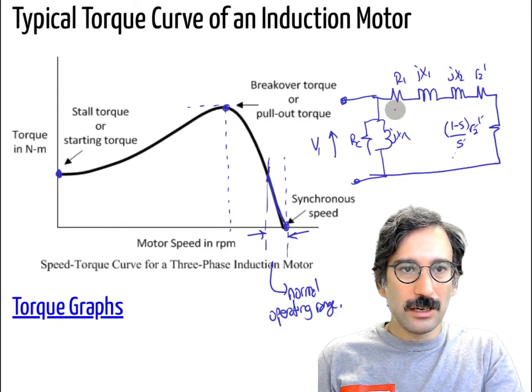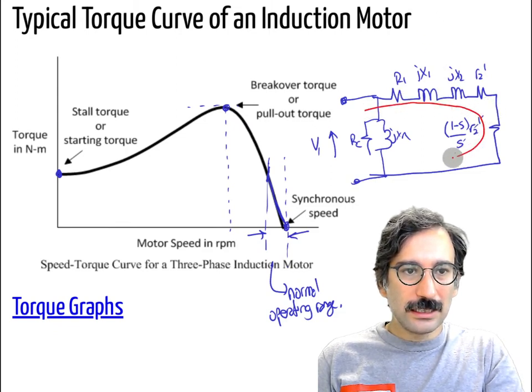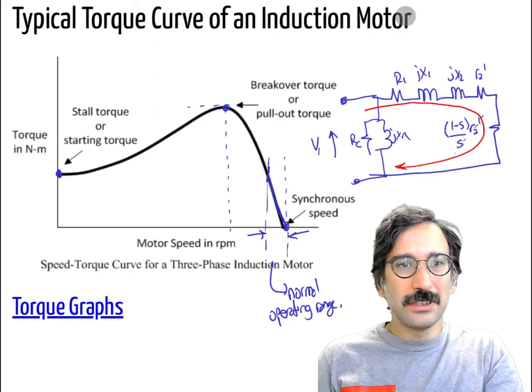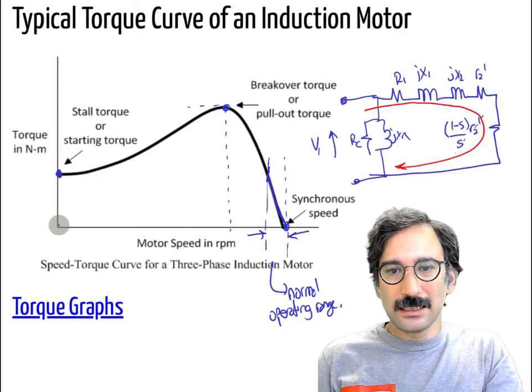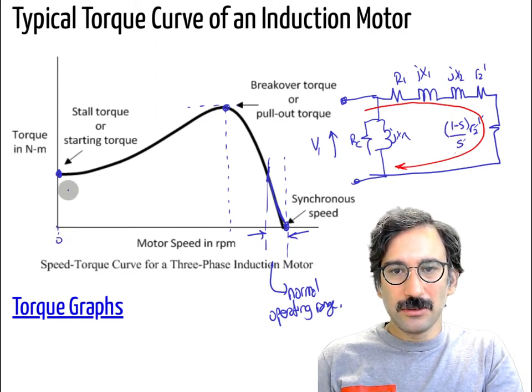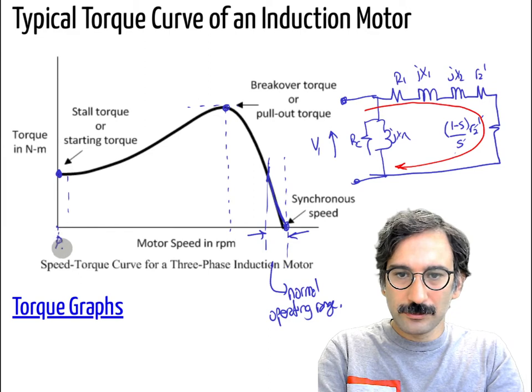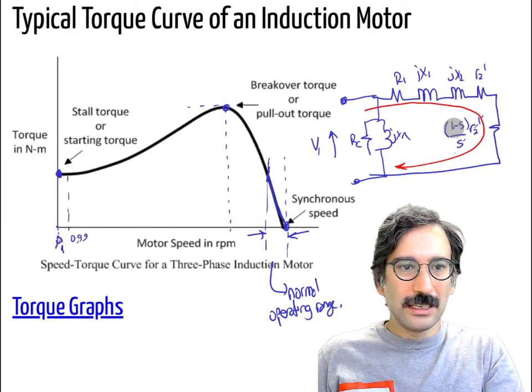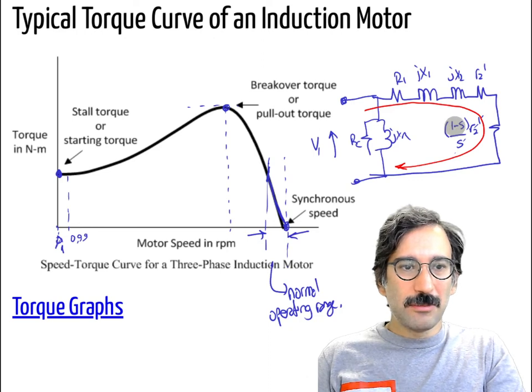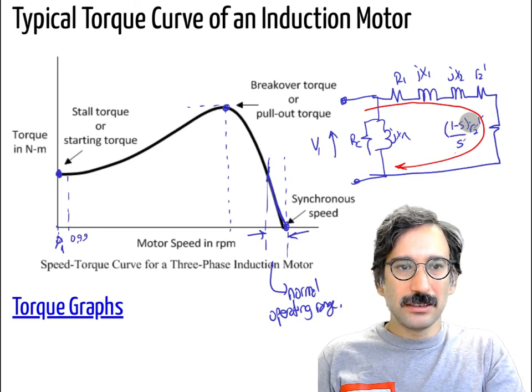So you have that kind of current. Even if s is not exactly 1 but something like 0.99, if you think about that, 1 minus 0.99 is 1% of the actual resistance.